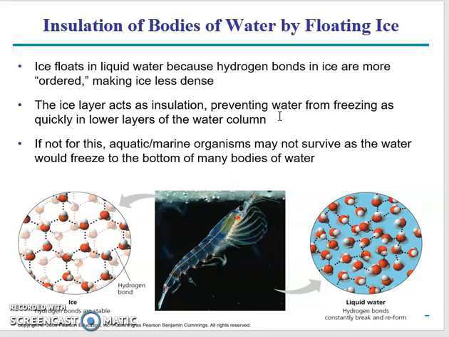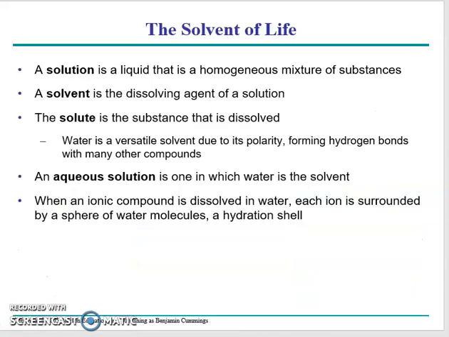So the cells that make up an organism, like this little shrimp right here, will still be able to use water as it was intended by life, as a solvent for moving molecules around or through their bodies. So ice acts as an insulator, protecting living things below the level of the frozen water.